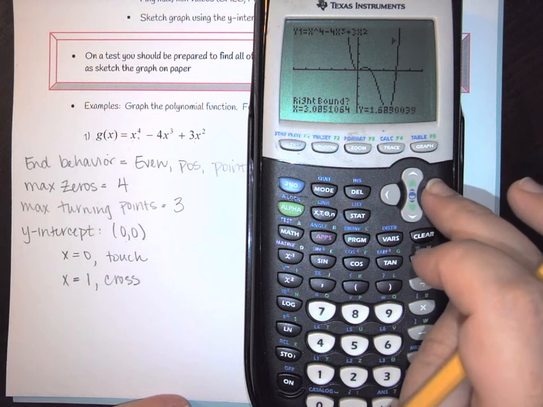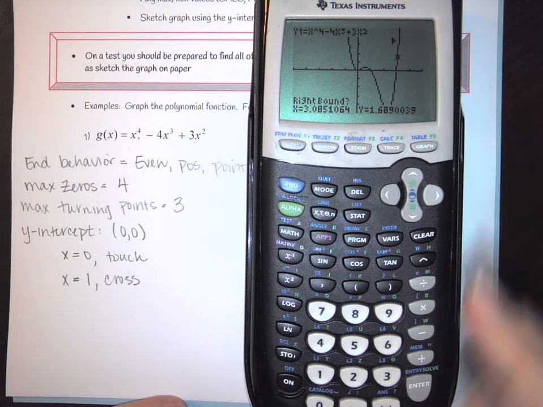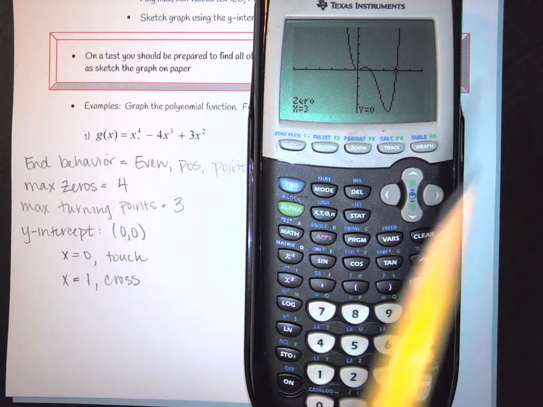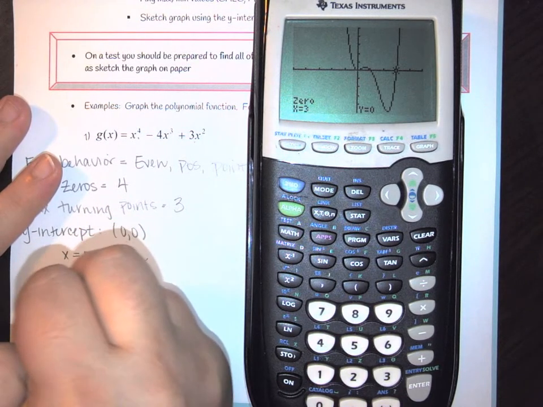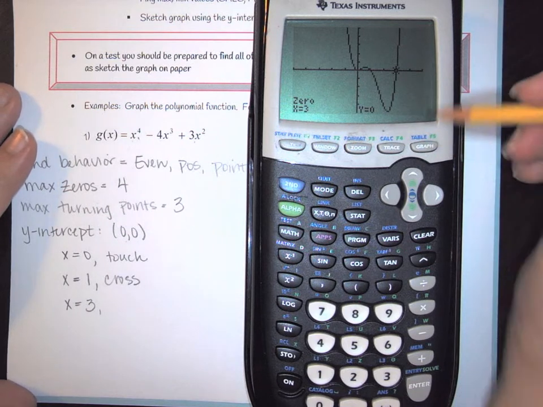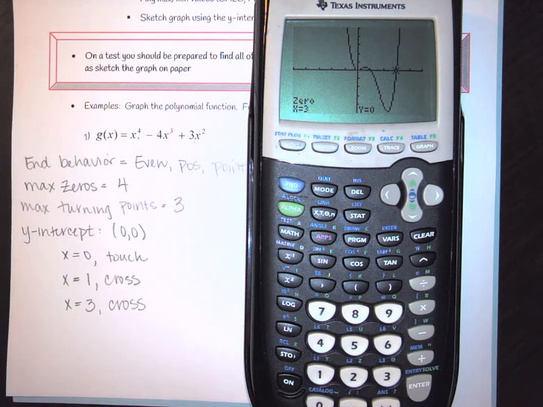And now I need to go to the other side. So notice I'm now on the other side of that 0. I'm going to hit enter. Again, it's going to ask me to guess, and it's going to take a second and calculate that 0. So here this is telling me that I have x equals 3. And if you look at your graph, notice you are crossing. So here we are going to cross it.